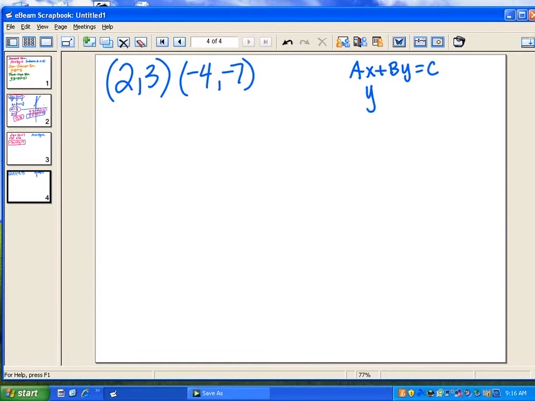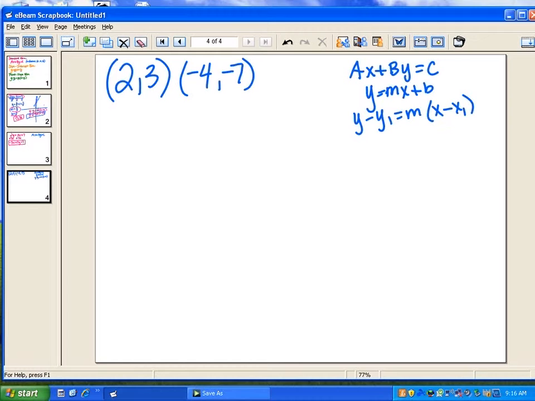I also want to write it in slope-intercept form, y equals mx plus b. And I also want to write it in point-slope form, y minus y1 equals m times the quantity x minus x1. Okay? So what's the first thing I have to do?